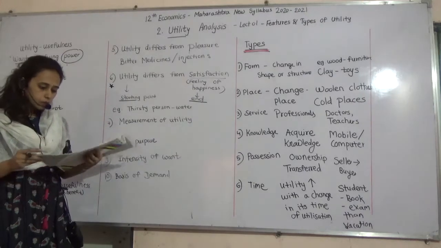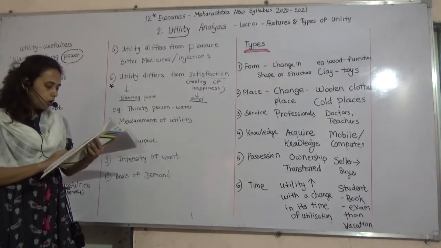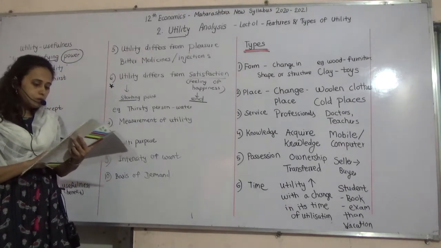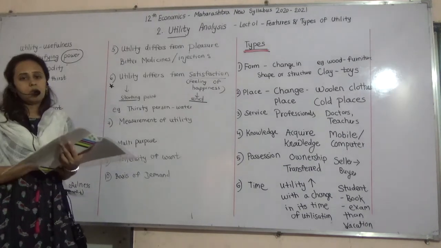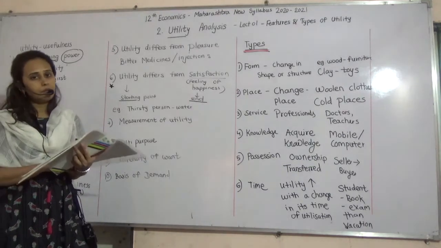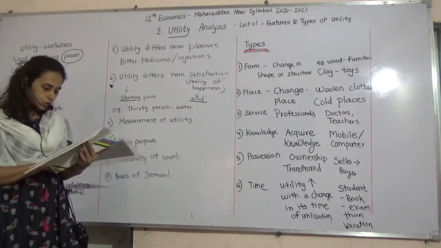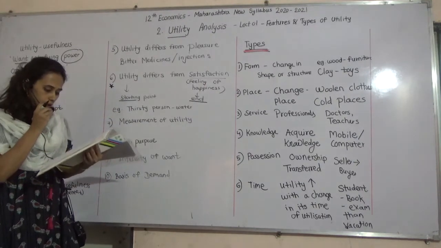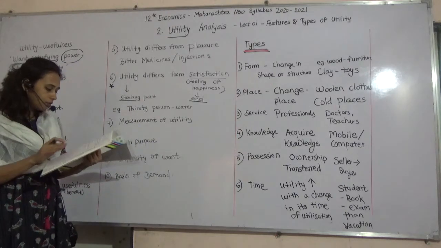In the textbook, they have given you the example. Let me read. A thirsty person drinks a glass of water since water has the capacity to satisfy thirst. So water has utility. Why it has utility? To whom it has utility? To a thirsty person. Utility of water is the cause of consumption and the satisfaction derived is the end result.